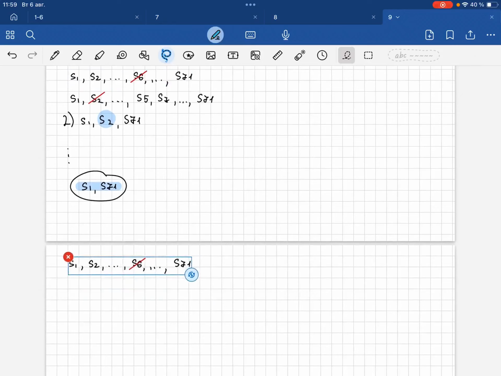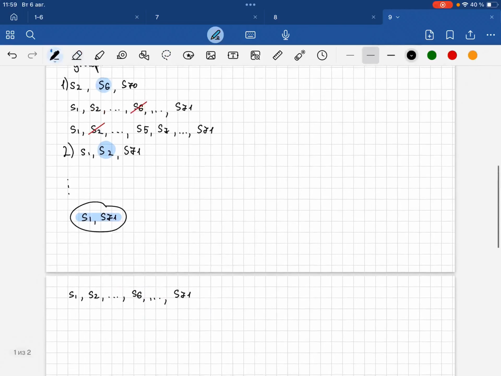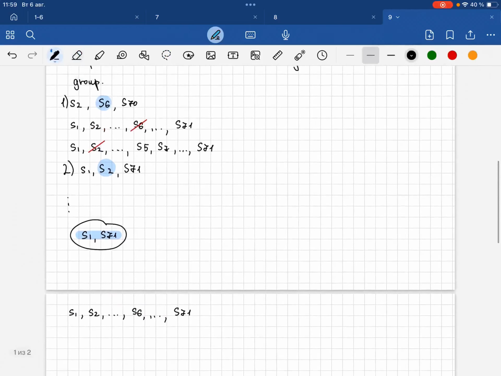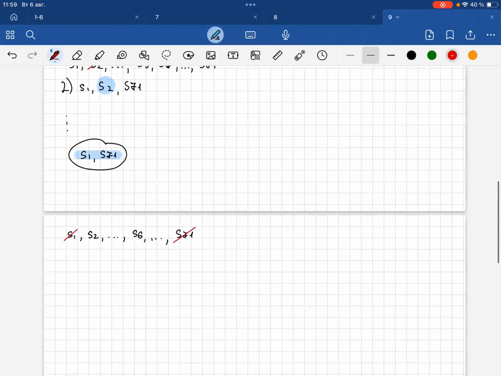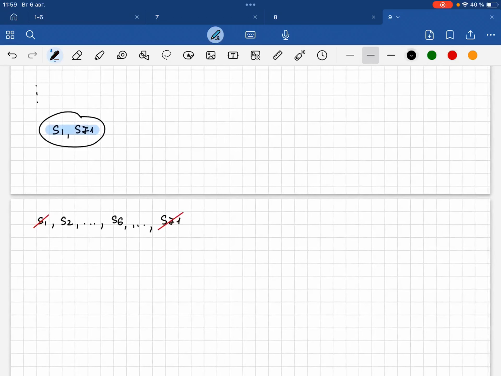This is our group of all students with this S6. We use the procedure above to find these two students, S1 and S71. Now we cross them out as two extreme students. And this is our first step.